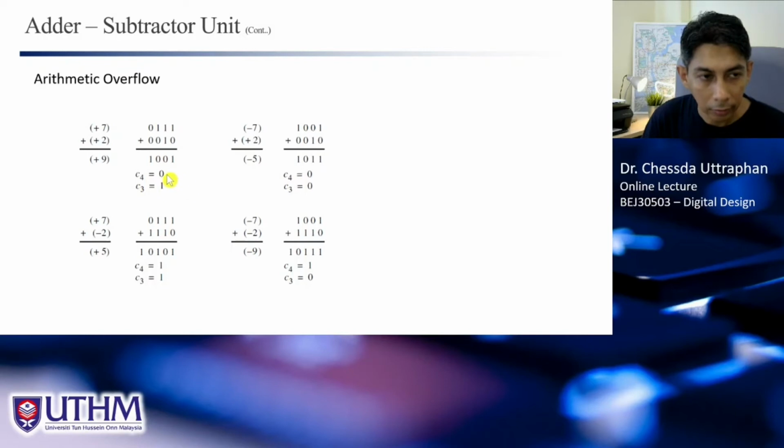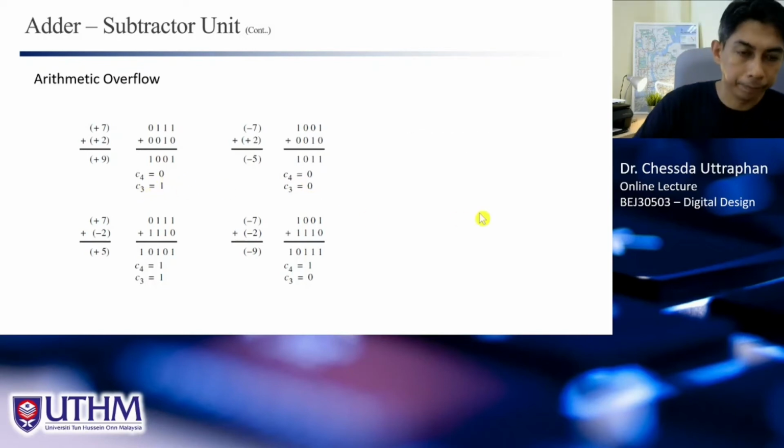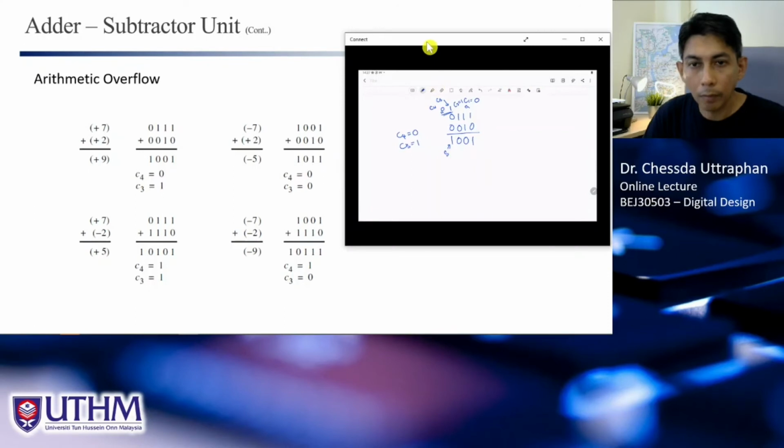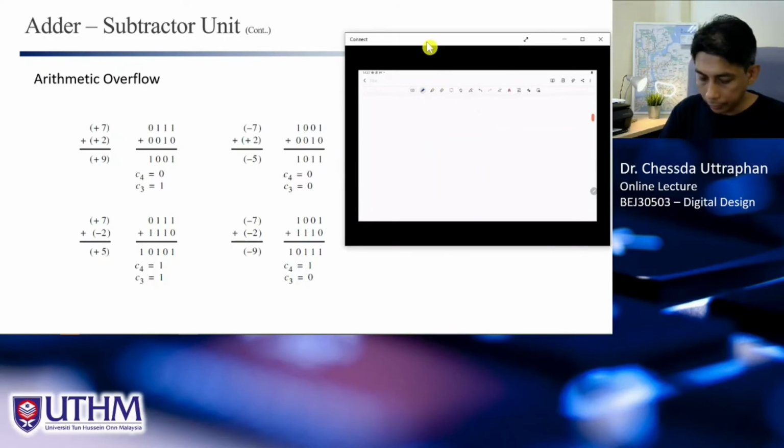Yeah, C3, C4, from the observation, we can have something like this. If we have C4, C3, and we have the output is V, right?